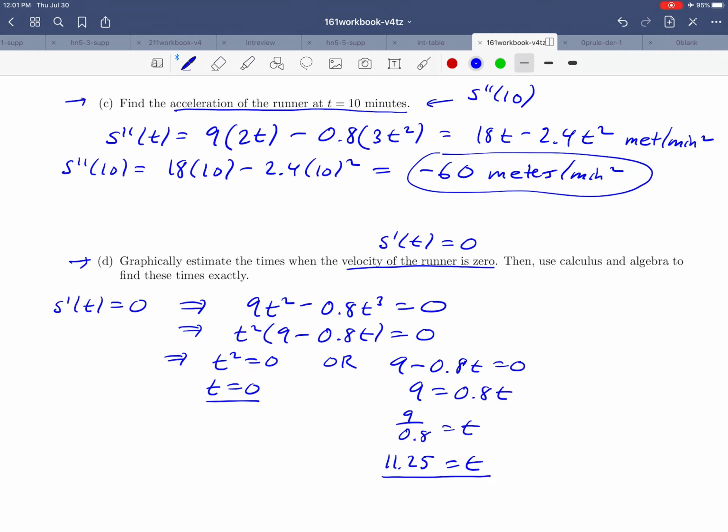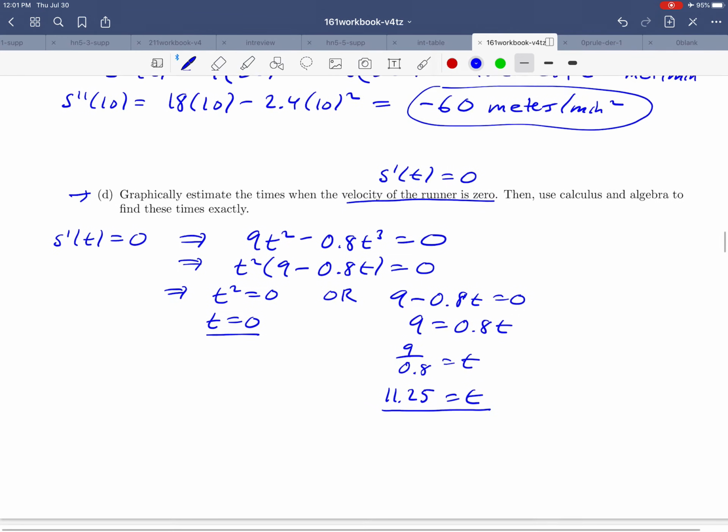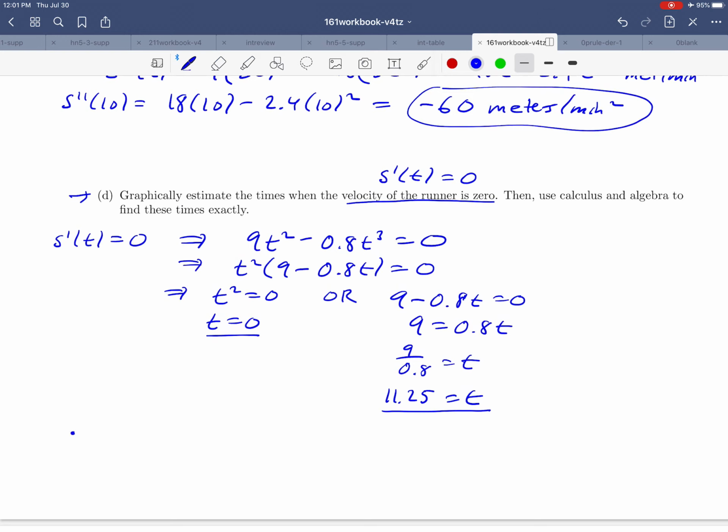Again, we made a guess that it looked like the velocity was 0 around 11. Now that's reasonably close to 11. And so we would conclude then the velocity is 0 at 2 times: t equals 0 minutes and t equals 11.25 minutes.